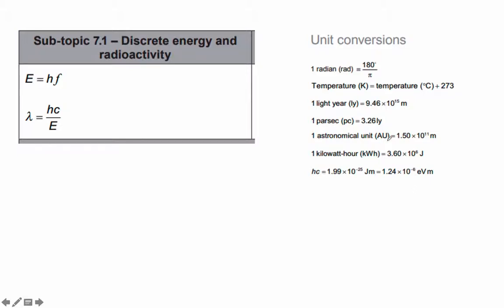All right, so this is the energy of a photon. This is Planck's constant. What is that? It's in the front of the packet, 6.626 times 10 to the minus 34 joule seconds.